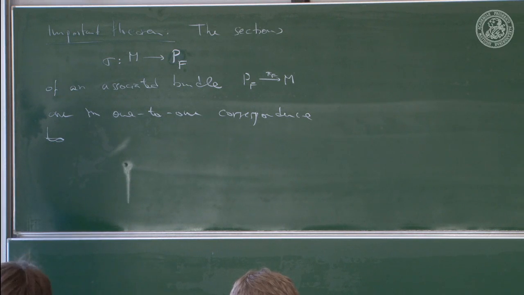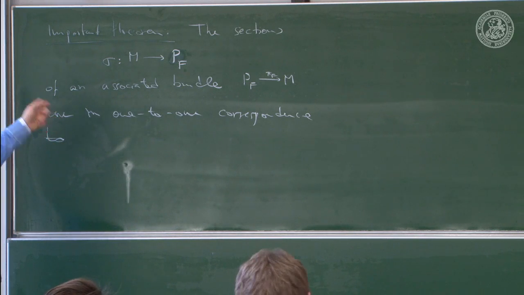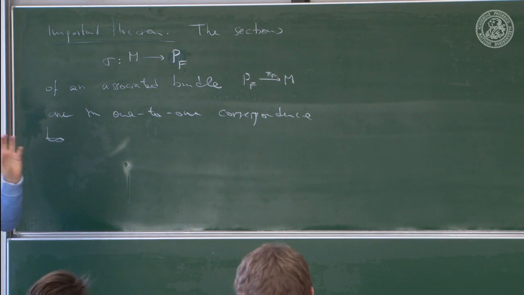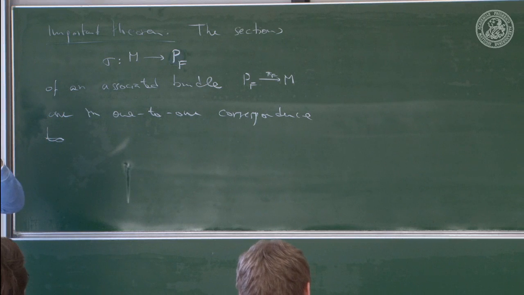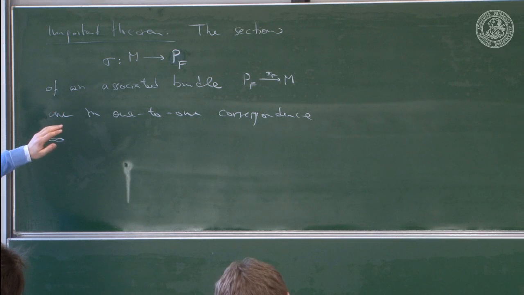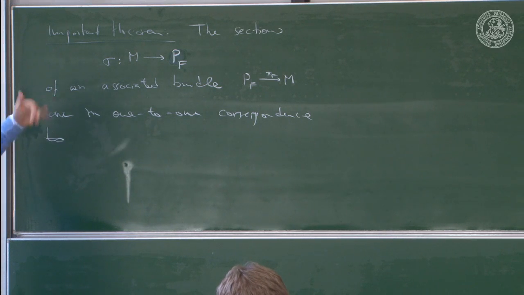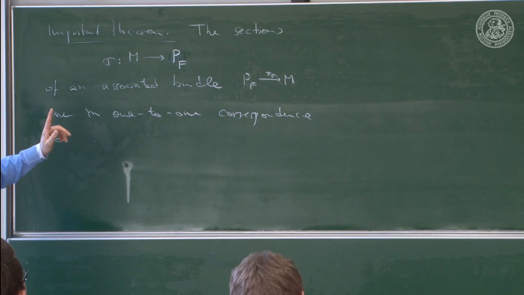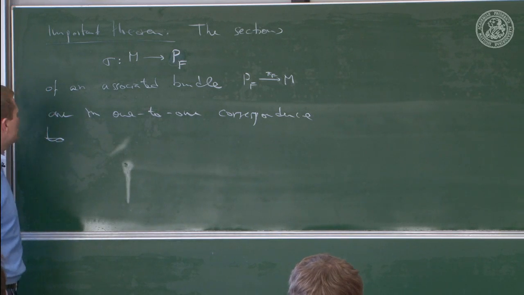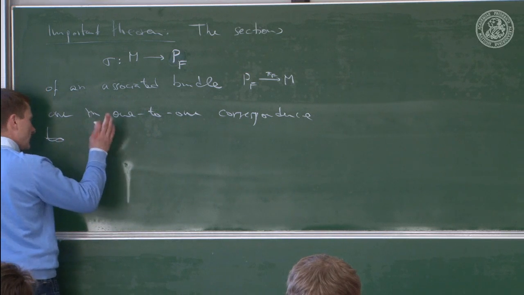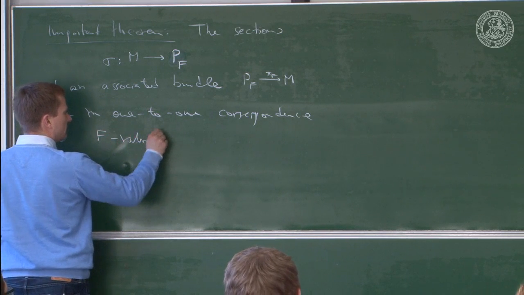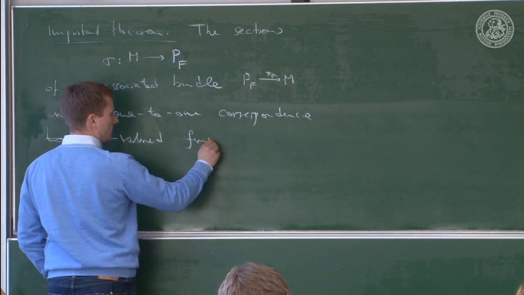If we consider the tangent bundle as an associated bundle, we add some more structure and think about how the frames transform, then we will be able to think of vector fields in yet another way. Okay, for instance, so the sections of an associated bundle are in one-to-one correspondence to, now it comes, F-valued functions.